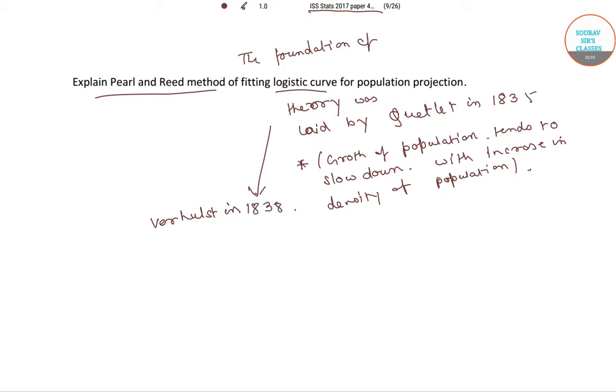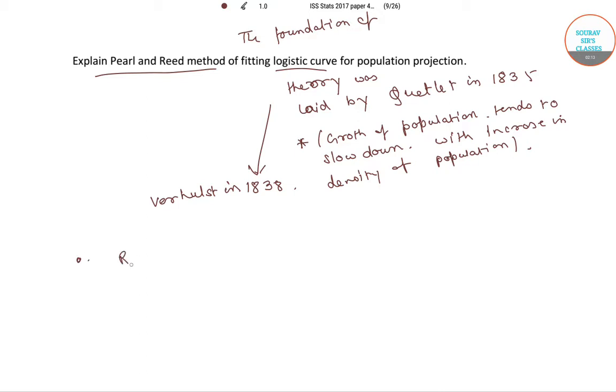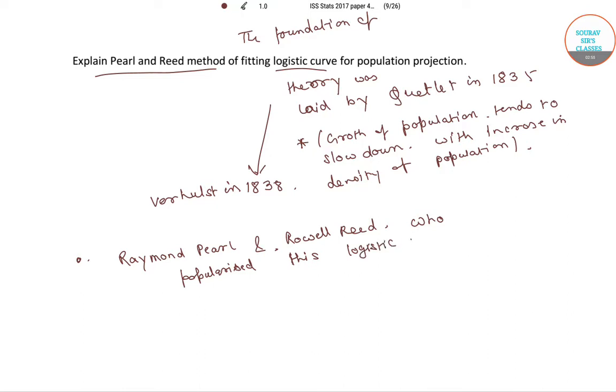However, this idea was not given any recognition, and it was Raymond Pearl and Lowell Reed who popularized this logistic curve theory of population growth.